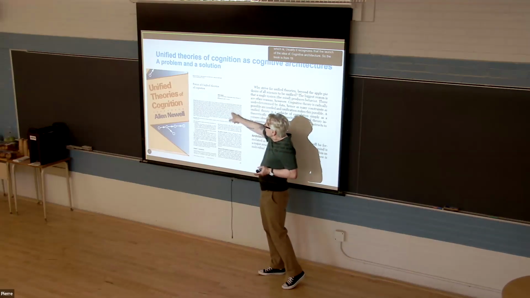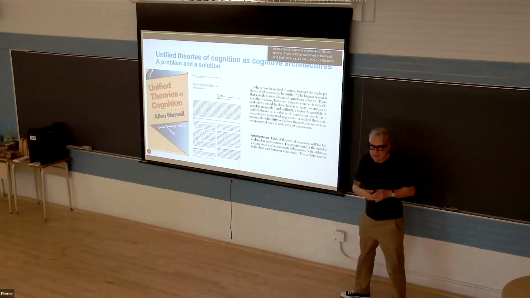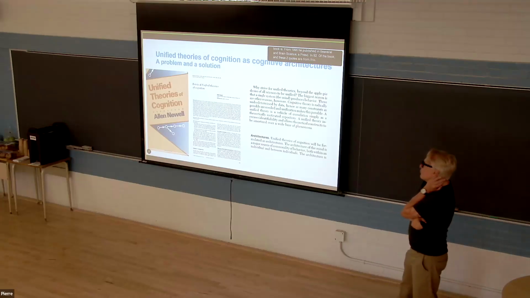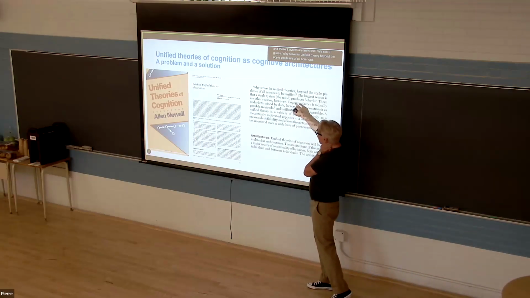He published in Behavioral and Brain Sciences a précis in 92 of the book, and these two quotes are from this précis. "Why strive for unified theory, beyond the apple pie desire of all sciences to be unified?" which was the original idea from 1973.